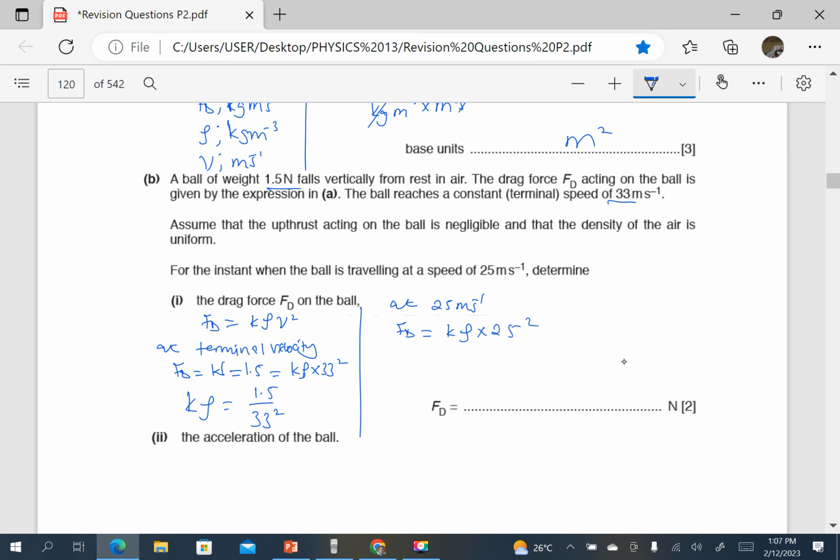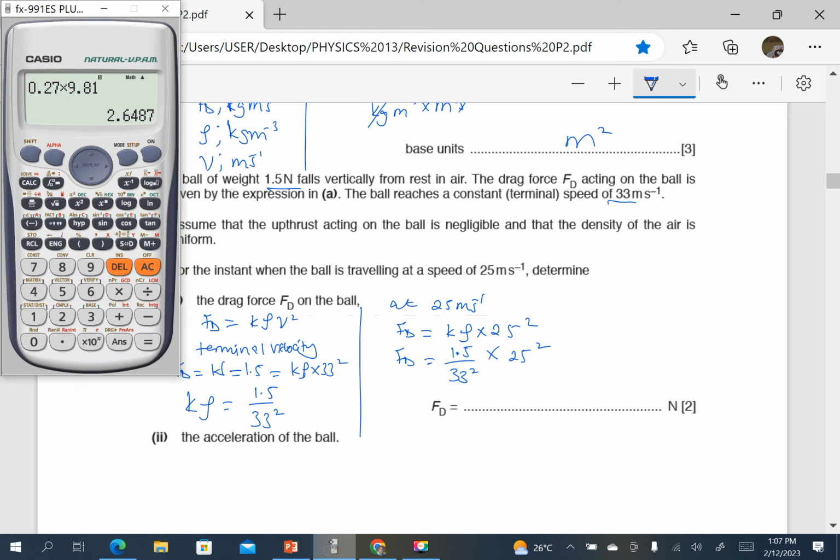So just substitute: K times rho is 1.5 divided by 33 squared, then times 25 squared. So that gives us 1.5 times 25 squared divided by 33 squared. So Fd is 0.86.